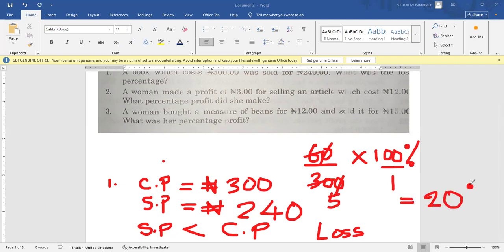So number 1, we have 20% loss. That's the answer. So you can actually just write this down in your notes. In case I erase this corner, you can pause the video and go back again to it. For want of space, we'll be erasing this portion so we don't go off the question.